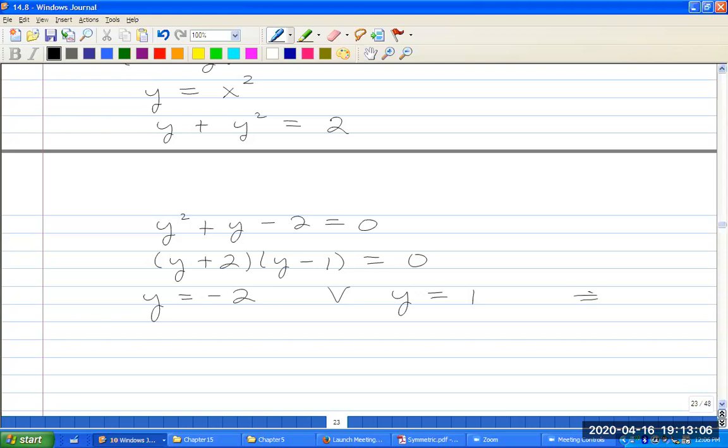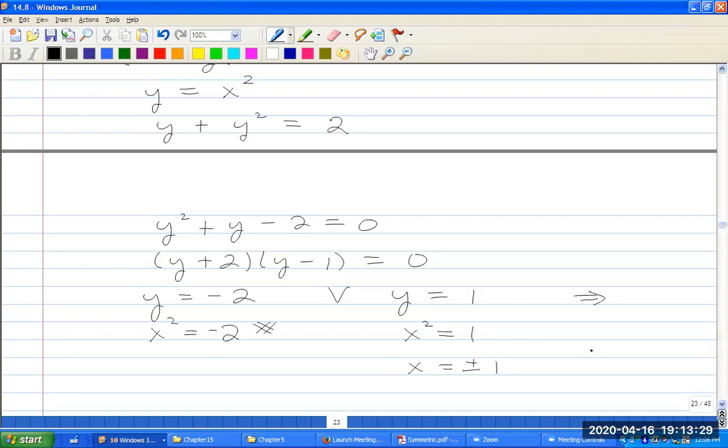But then this says that x squared is negative 2, and I don't want x squared to equal negative 2. Or that x squared equals 1, and so x is equal to plus or minus 1.